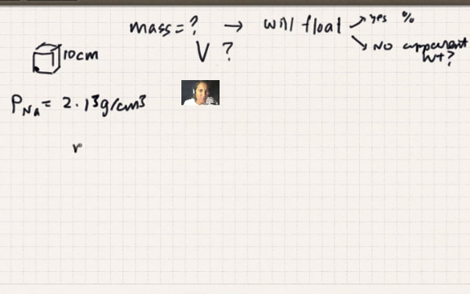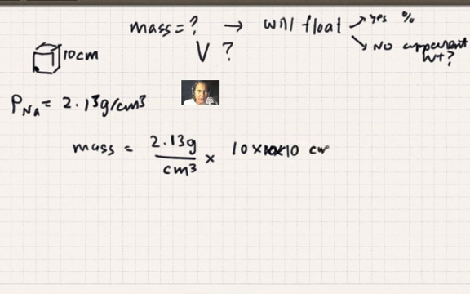So basically, we know the mass is equal to 2.13 grams, which is a single cubic centimeter, times 10 by 10 by 10 centimeters cubed. So we have a mass equal to 2.13 times 10 to the third grams.